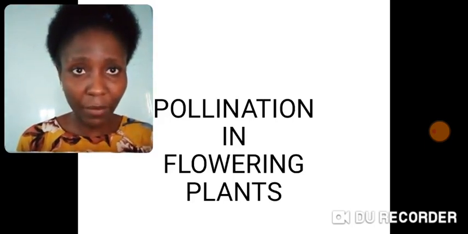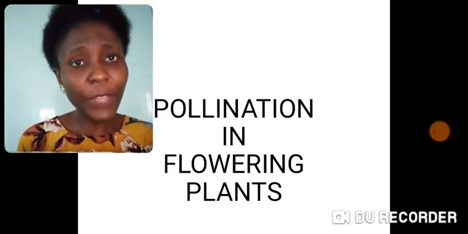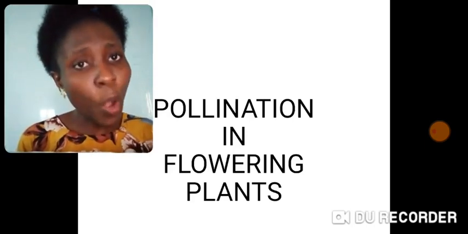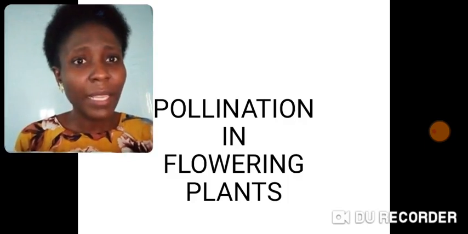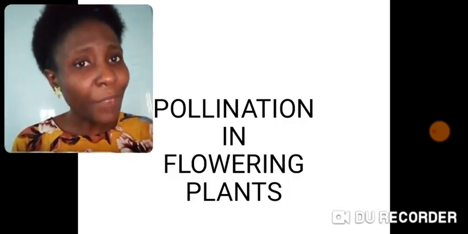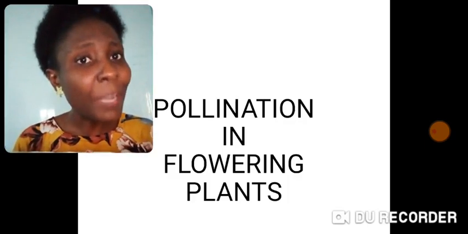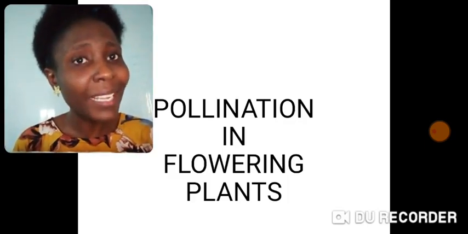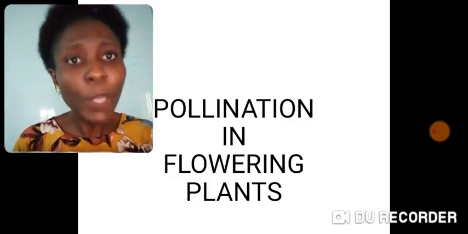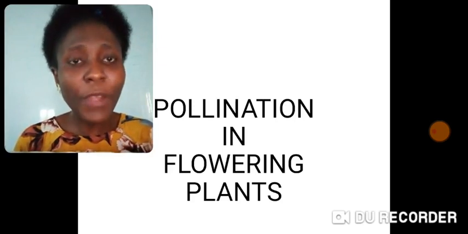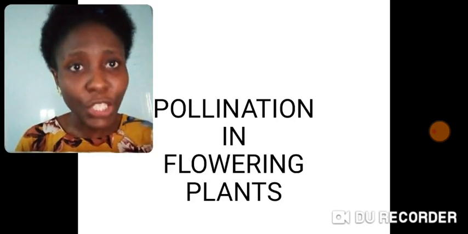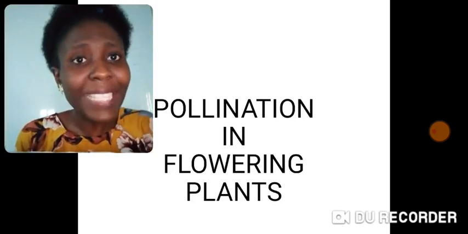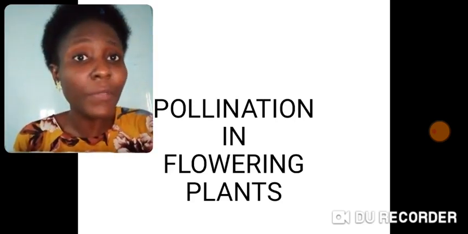Do you understand it? So if the pollen grains are coming from the same flower or the same plant, the stigma of that flower of that plant will refuse to be pollinated. Will refuse that its pollen grains will attach to it. So it will make itself self-sterile.